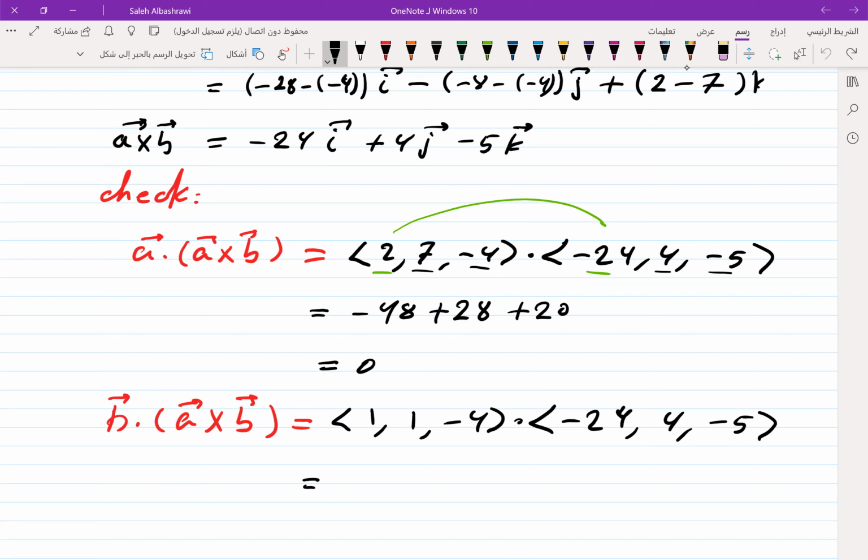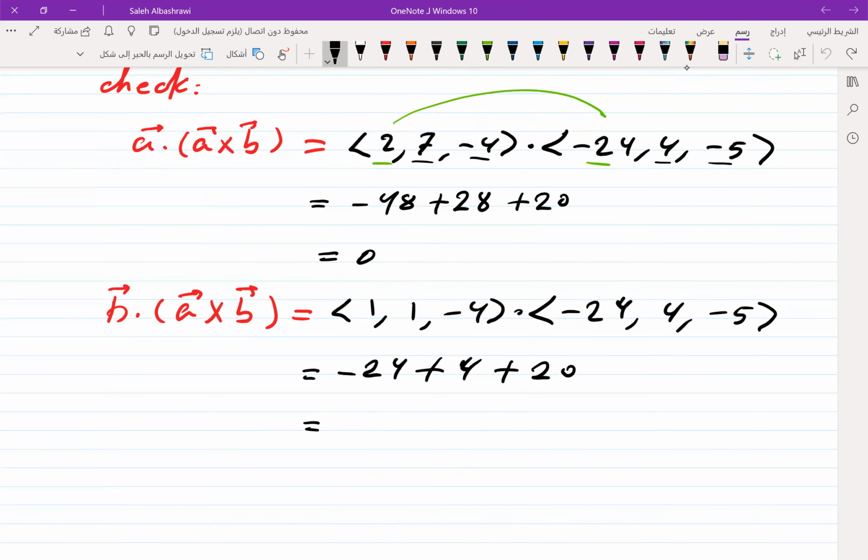We will have 1 times minus 24 is minus 24, plus 4, plus 20, which is equal to 0. So yes, A cross B is orthogonal to both A and B. So A cross B gives a vector that is perpendicular to both of them, A and B.